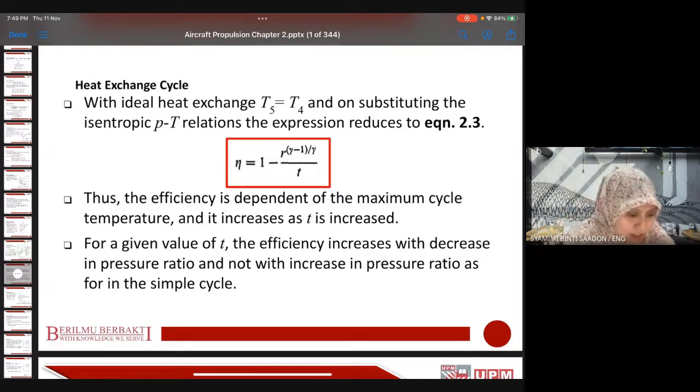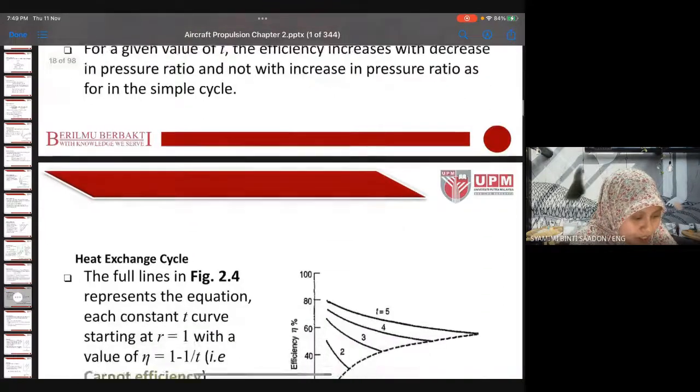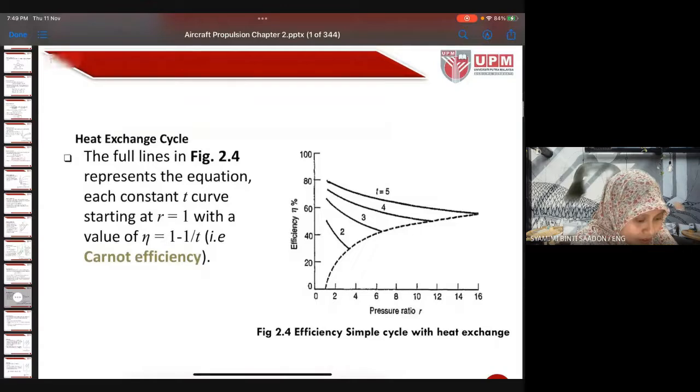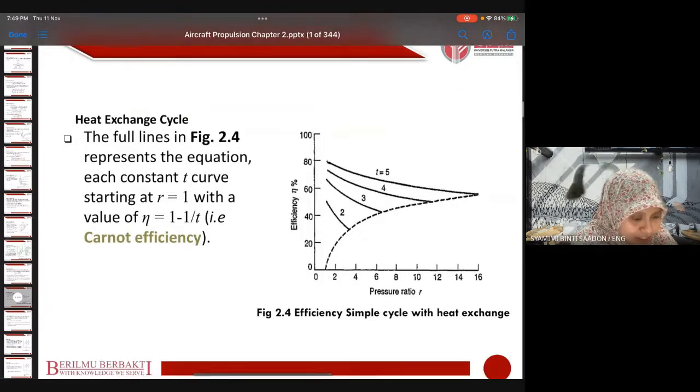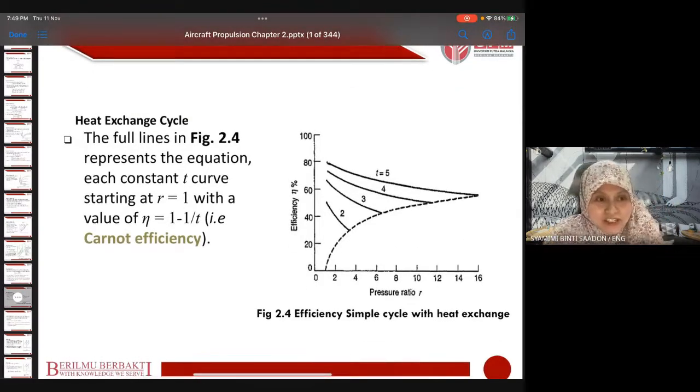We can derive this equation, and from this equation we can sketch and simulate this graph to see the performance of the cycle efficiency according to the pressure ratio.